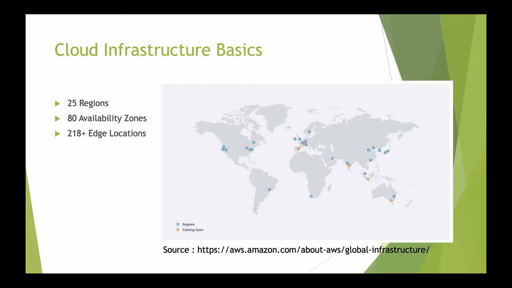You can simply view it from that edge location. So that reduces network traffic, and it reduces latency as well. So that is the purpose of edge locations. You can't run much services from edge locations, but you are trying to save network traffic by caching content at edge locations. So that's the basic idea you want to know about these regions, availability zones, and edge locations.